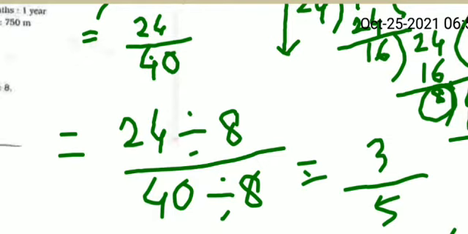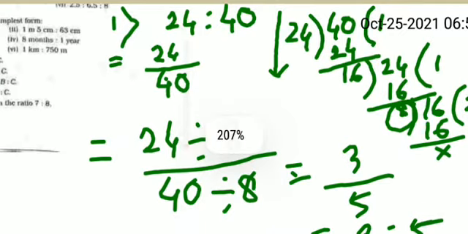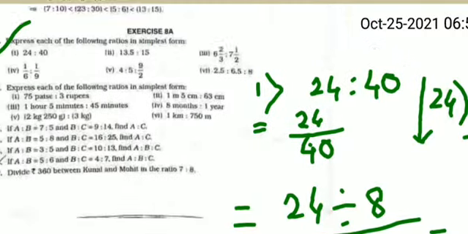So students, the simplest form of 24:40 is 3:5. In this procedure you have to solve the remaining questions of question number 1.